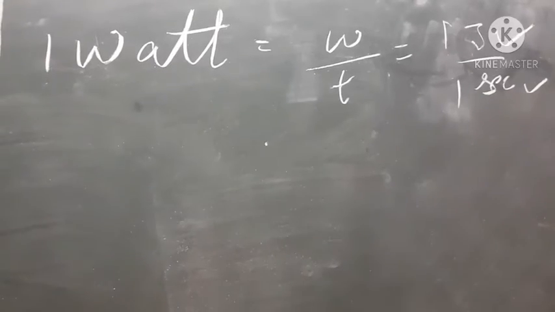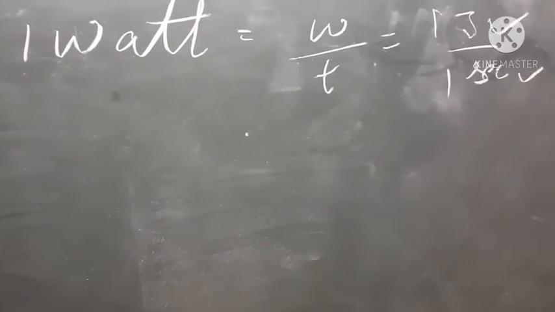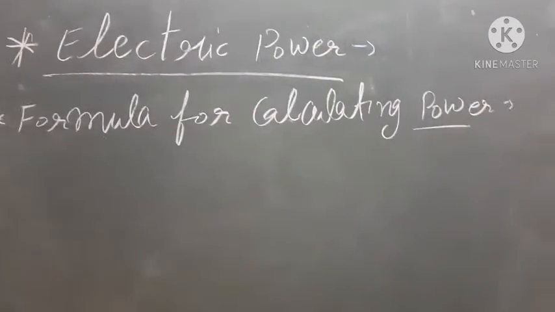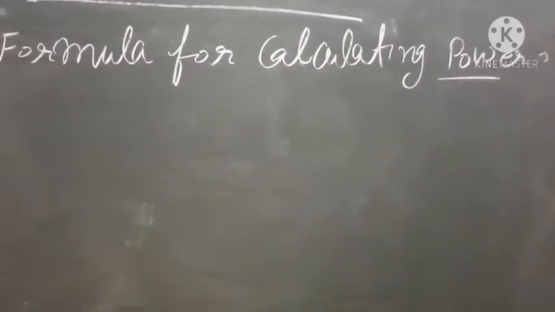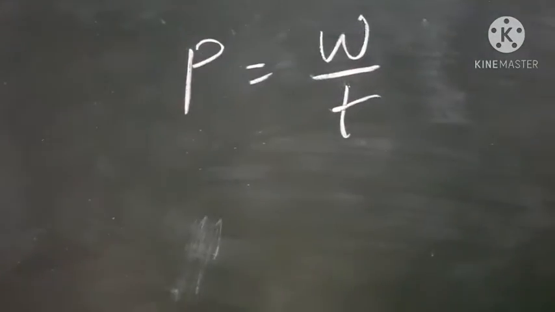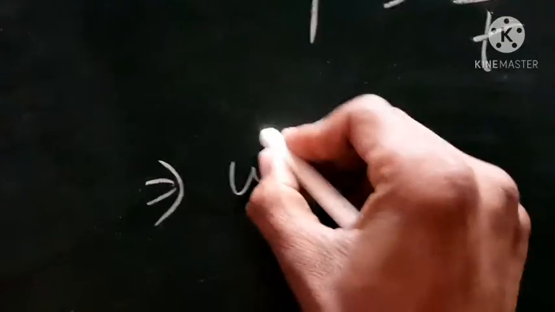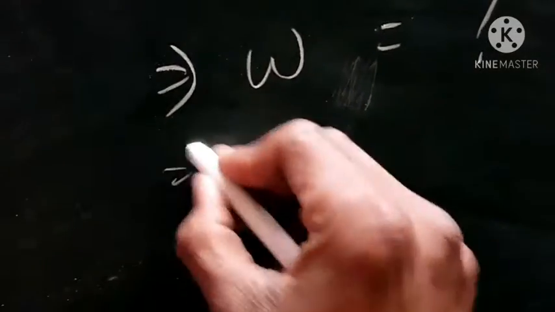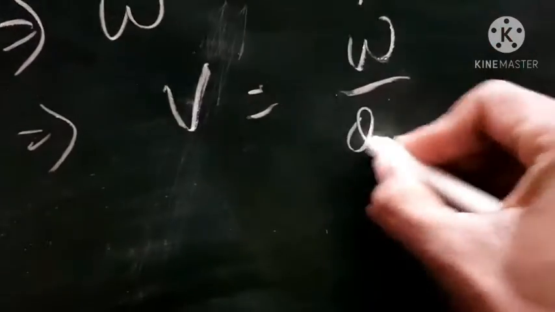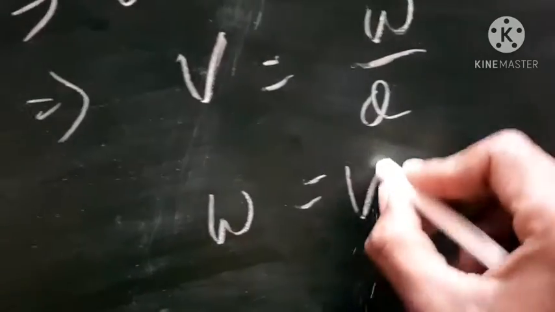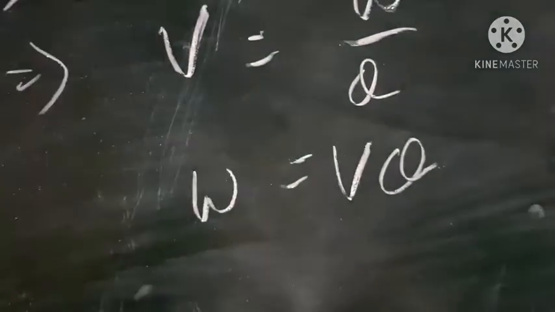Now if we talk about the other formulas of electric power, let's proceed. Now we are talking about formulas for calculating power. As we know, power is equal to work done upon time. Let's talk about potential difference first. Potential difference is equal to work done over charge. So from here, work done is equal to the product of potential difference and charge.